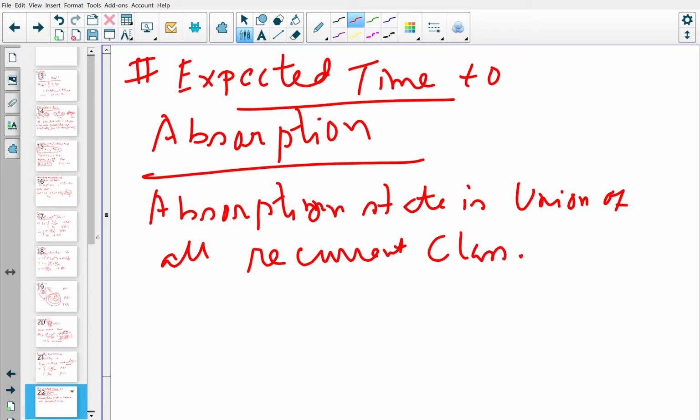When I want to say expected time, I want to know what is the expected time that it will end up in one of the absorption classes.